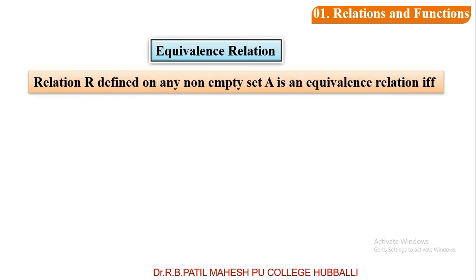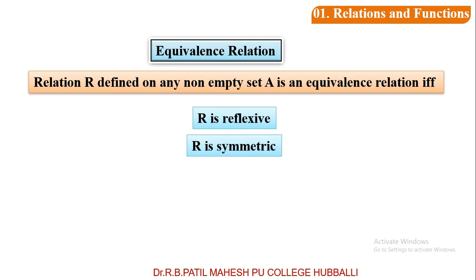A relation R defined on any non-empty set A is an equivalence relation if and only if it is reflexive, symmetric and transitive. If a relation is reflexive, symmetric, transitive, then the relation is called an equivalence relation.